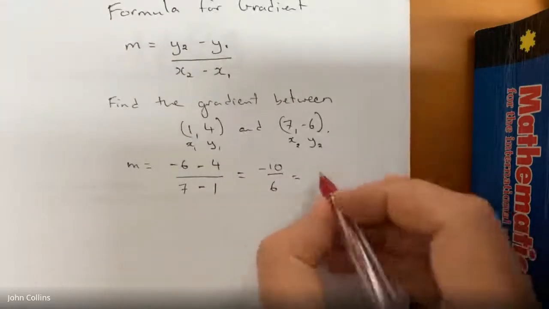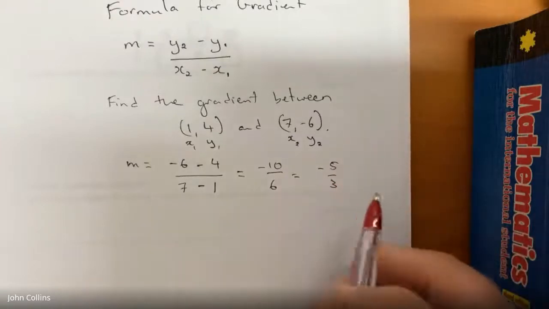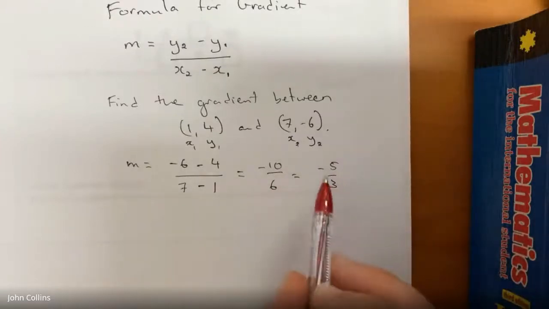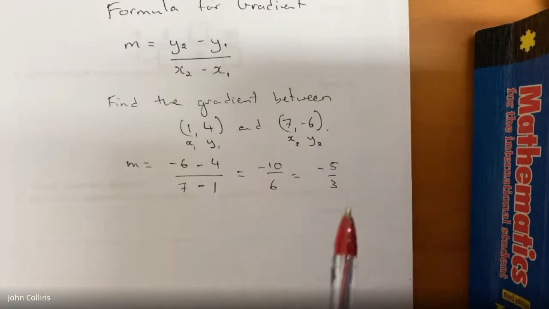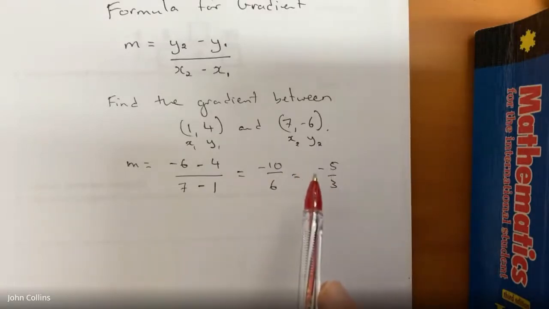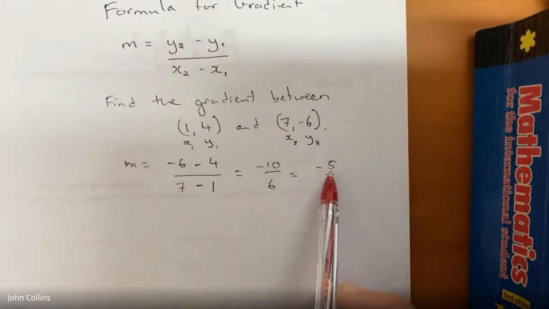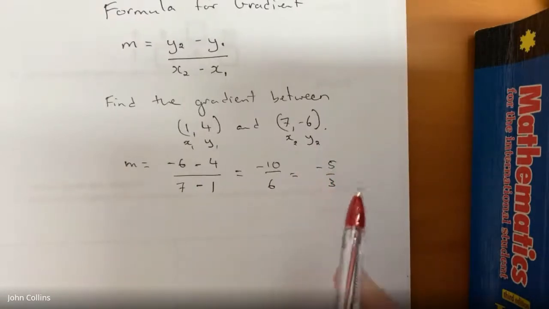I can simplify that down a little bit, dividing by 2, so it's minus 5 over 3, the rise over the run. So this is, once again, a negative slope. It's a steeper slope than the last time because it's a bigger number. So it drops quicker, if you wish. And so this slope is minus 5 over 3.